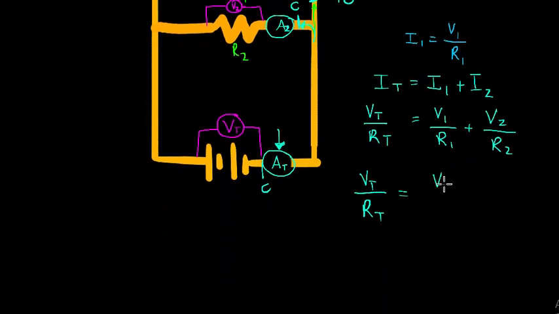So the voltmeter reading at 1 will be the total voltmeter reading divided by R1, plus the voltmeter reading at R2 will be equal to the total voltmeter reading divided by R2.